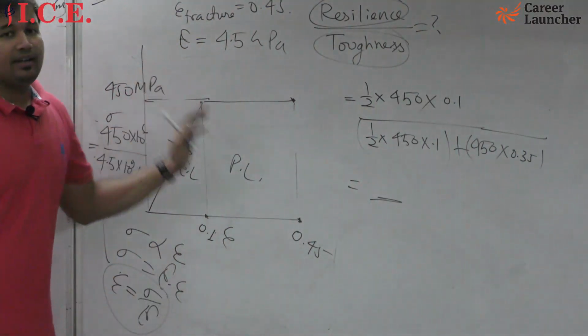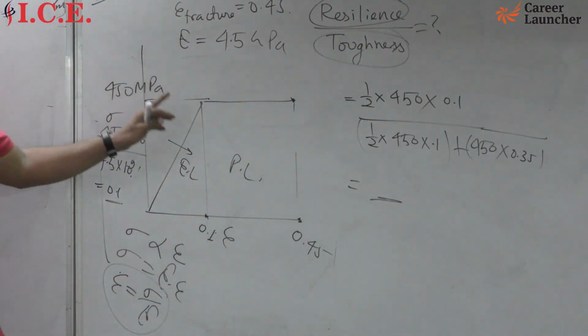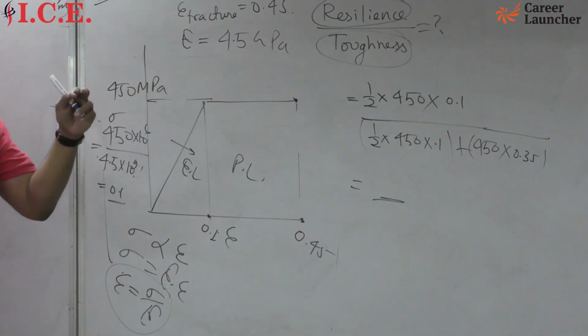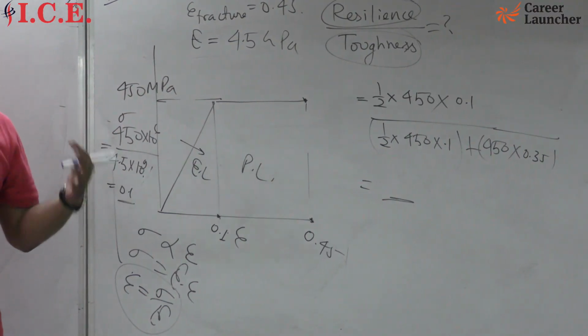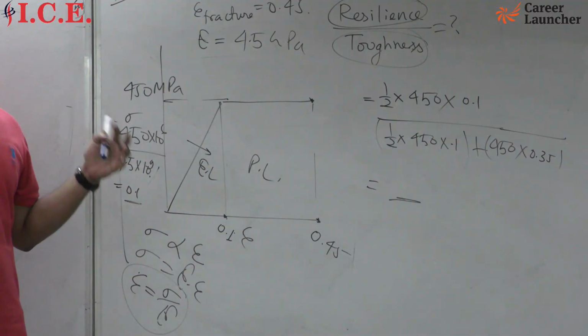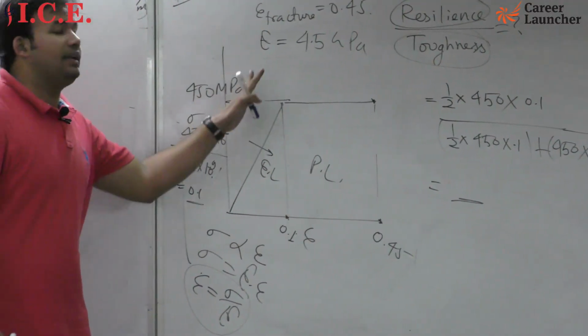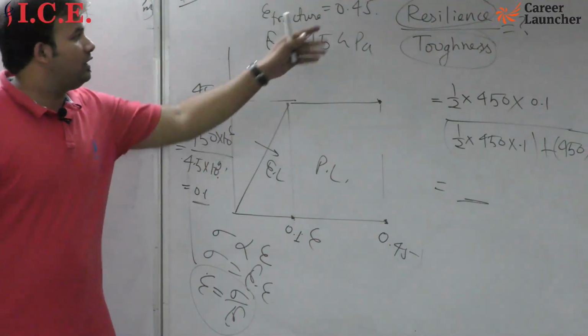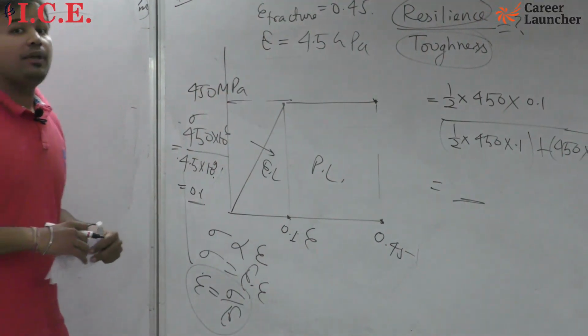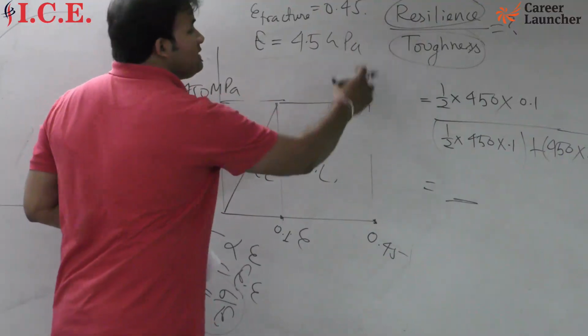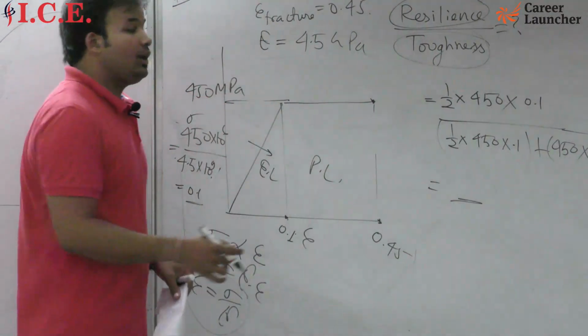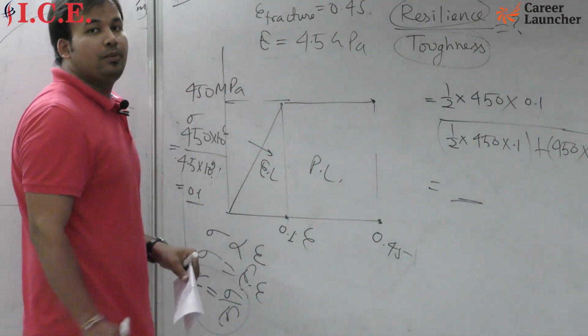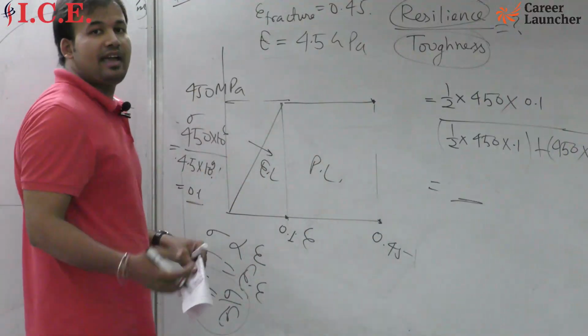The main important thing here is that if the question is for an elastic plastic material, you should know what the stress versus strain diagram of an elastic plastic material will be. Once you know the diagram, there is no problem, you can solve this. But there may be a doubt: sir, for resilience and toughness we consider the load versus deformation diagram, but you are taking the stress versus strain diagram, then how?